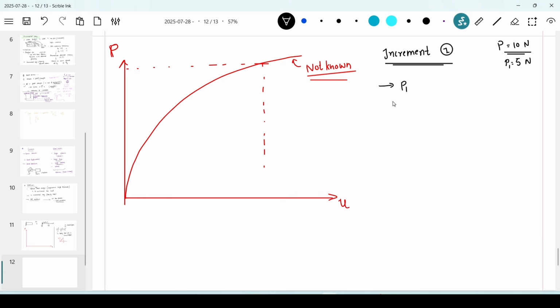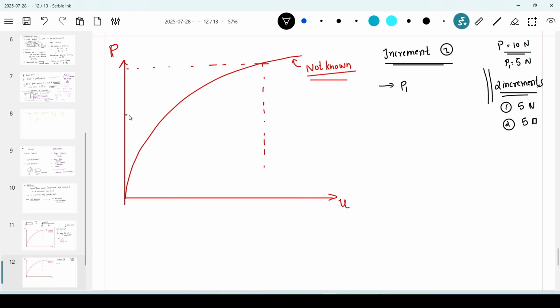This is known. We are applying, say, half load, but it can be anything, whether half load or 20 percent load; we'll discuss that later. Let's take we are solving this problem with two increments: in the first increment we apply 5 Newton, and in the second another 5 Newton.